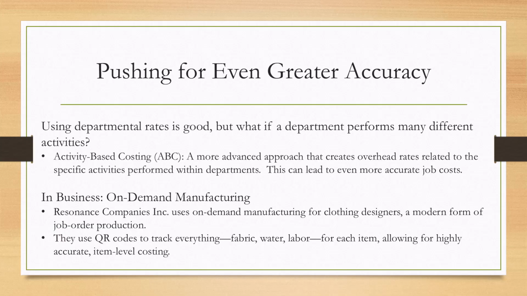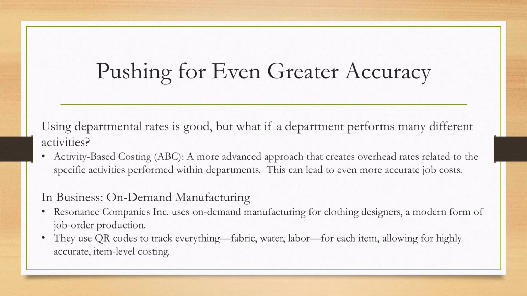While using departmental rates is a significant improvement over a single plant-wide rate, we can push for even greater accuracy. What if a single department performs many different kinds of activities? This leads us to a more advanced approach called activity-based costing, or ABC. ABC creates separate overhead rates related to the specific activities performed within departments, which can result in even more accurate job costs.